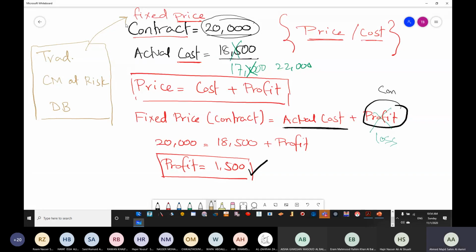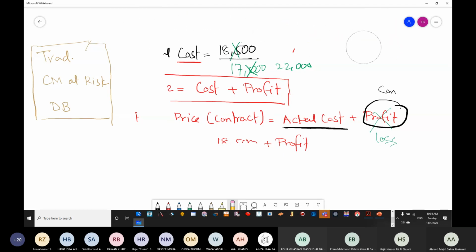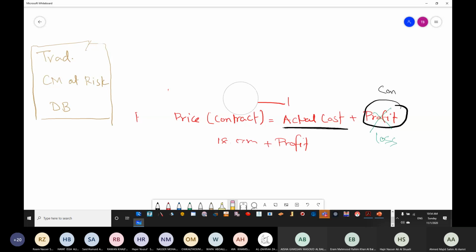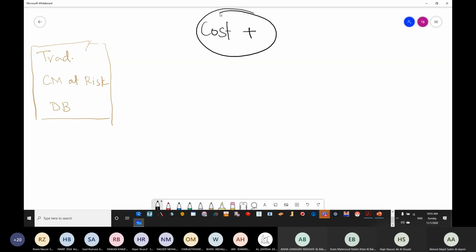Okay. Now going to the second method. In the second method, we have cost plus contracts.